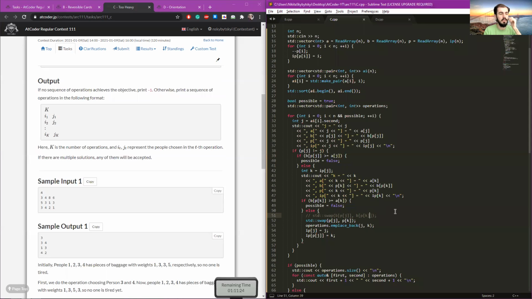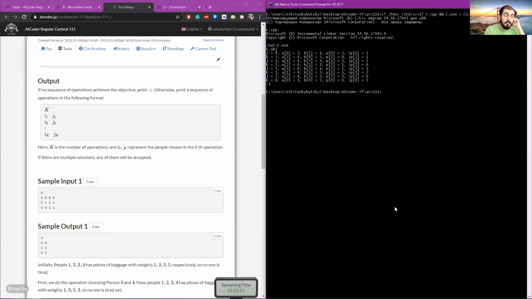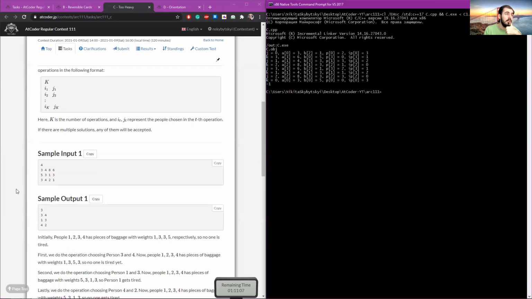Oh my, why is it so difficult? It should not be that difficult. Take 0 and 3, because 3 is here. We swap them. Okay. Take 1 and 2, because this has baggage of this person. We swap them.